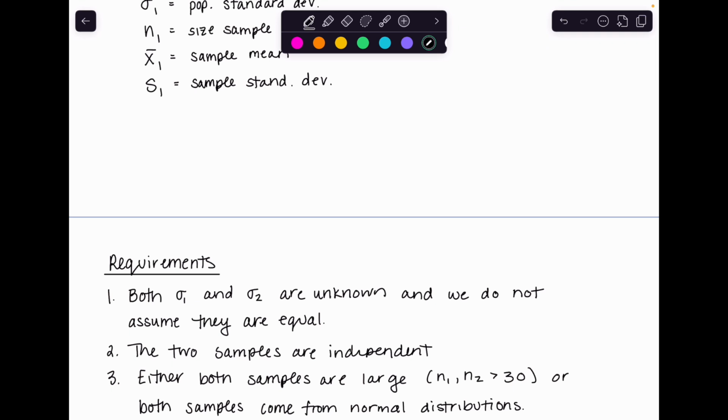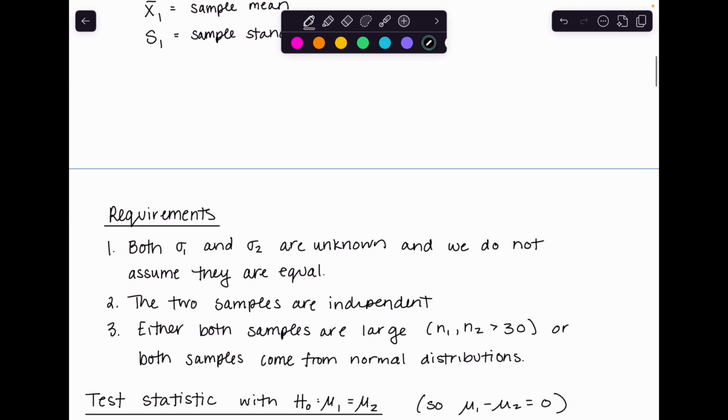The other in this case is we're going to look at the samples being independent. And then that third criteria is the same one as before. You want the samples to be large, meaning both samples are greater than 30, or both those samples come from normal distributions. Okay, as long as one of those is satisfied, you're good. Because this is where we're going to use our t-distribution. When we deal with means, typically we're going to do that t-test for it.